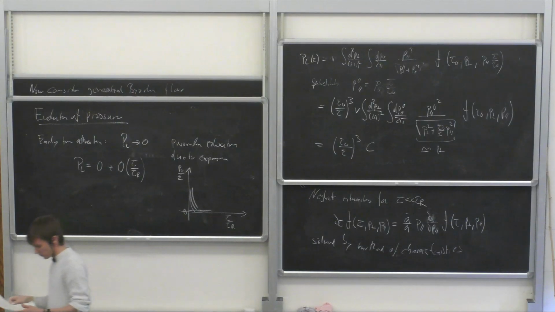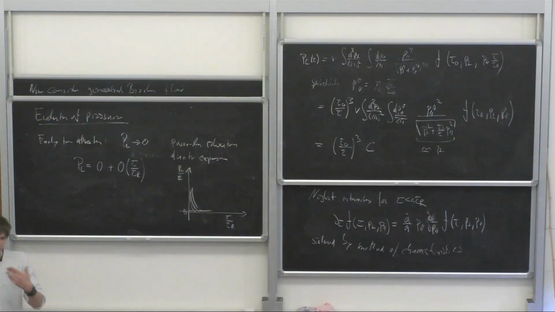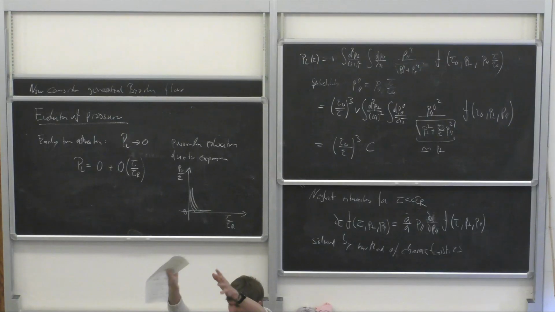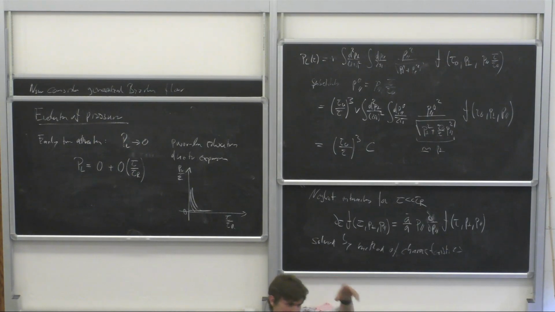Now, we can ask what happens at late times. In principle, we could do this the other way around, so you could start to expand around dominance of the interaction term, neglecting first the expansion. If you neglect that, you would find that your system is in equilibrium, and you would actually get ideal hydrodynamics in that case.